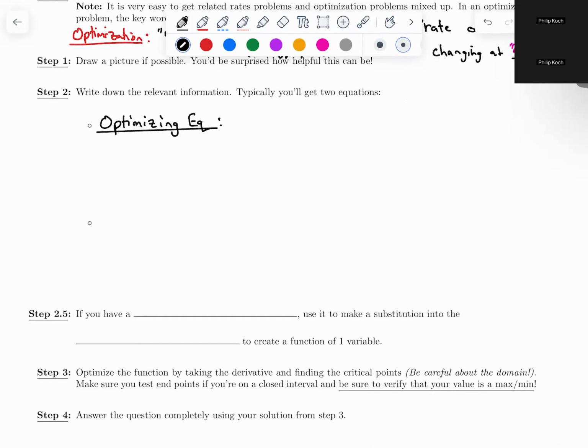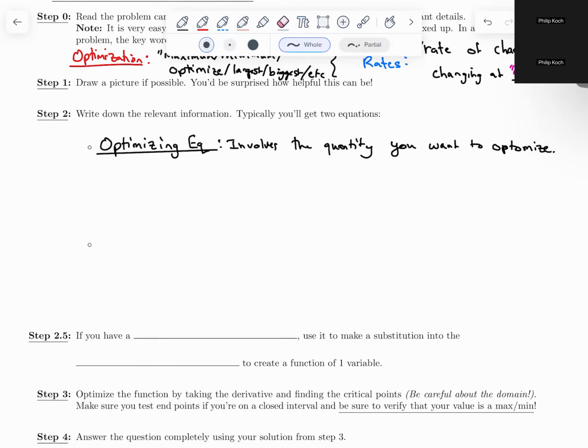So this involves the quantity you want to optimize. So you usually have two different things. One of them is the optimizing equation you've created.